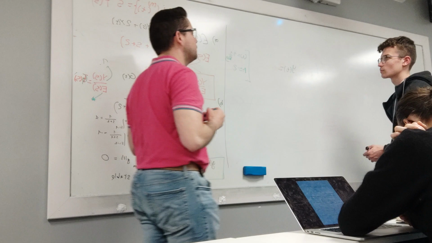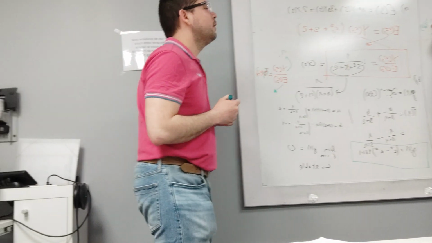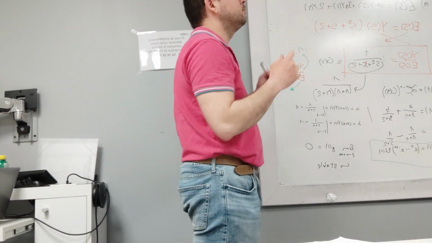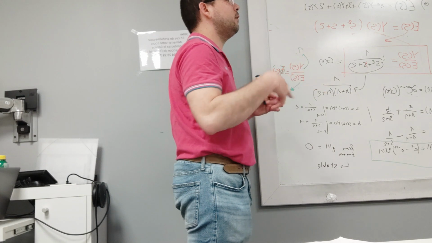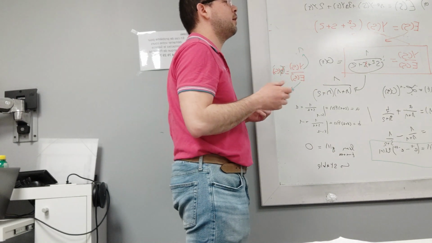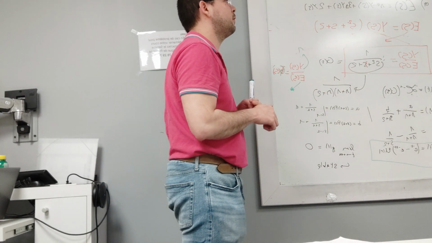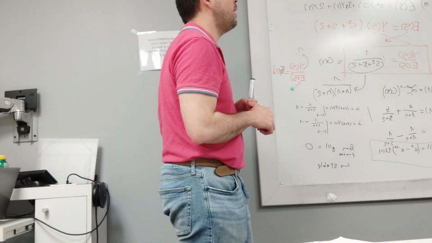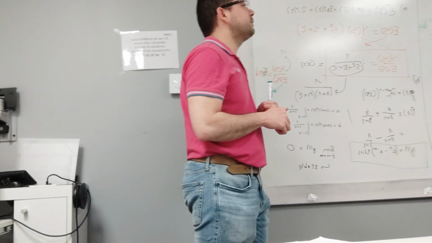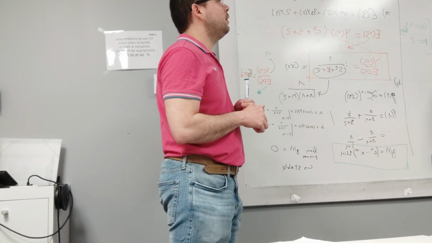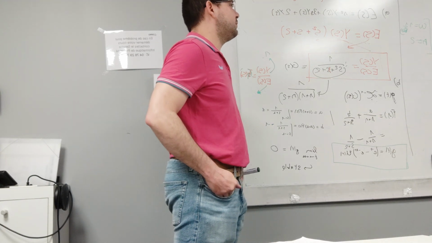So what is this function of t? Well, 1 radian per second is 1 divided by second, because radian means numerically nothing, so it's dimensionless.